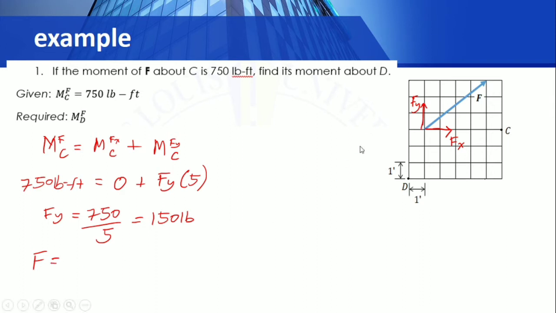So, that will be, kunin natin yung slope ng ating force. So, yung slope ng ating force is 1, 2, ilang square siya? 1, 2, 3, 4. And yung sa y natin, 1, 2, 3. So, yung slope natin, that will be 4 and 3.